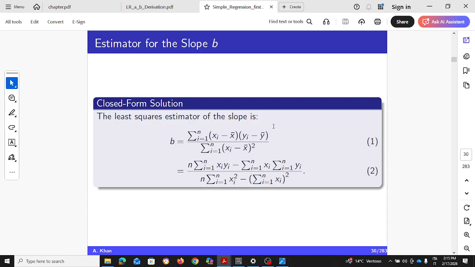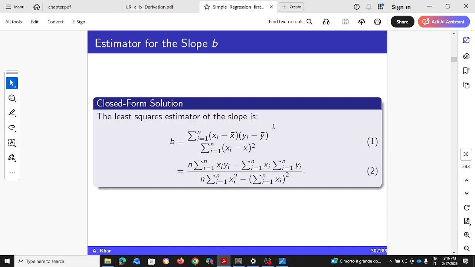Then what we have here is the error term. So the error term was what? yi minus A minus b xi. You following? Now putting here the value of y hat, it becomes the summation from i equals 1 to n of (yi minus A minus b xi) squared.